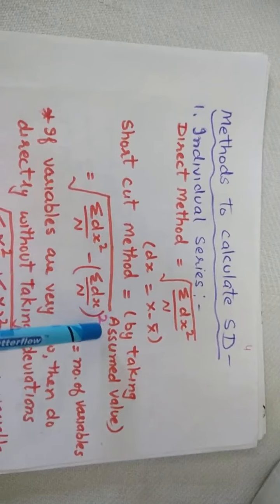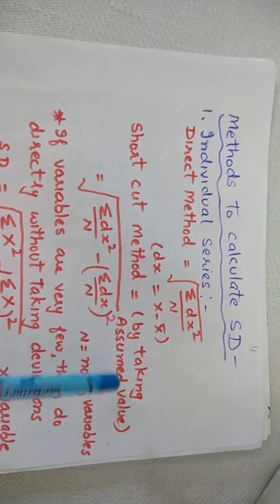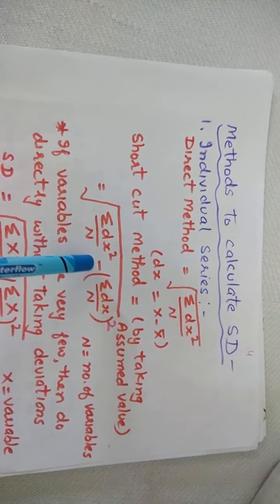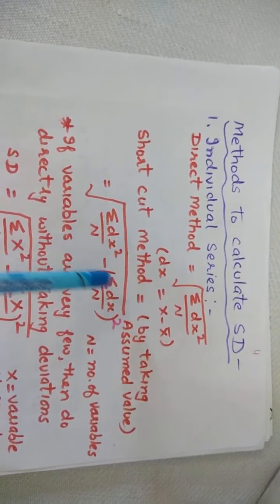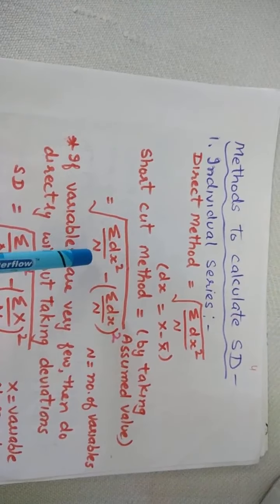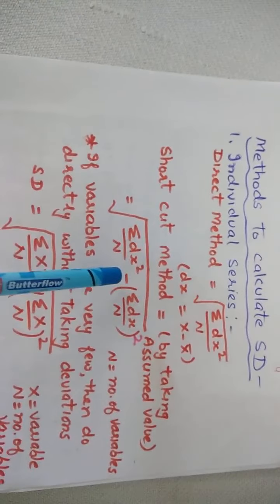Shortcut method, when we calculate standard deviation by assumed value, as we did in mean. Formula for this in shortcut method: summation dx square over n minus summation dx over n whole square, whole under root, n is number of variables, and dx is deviation taken from assumed value.